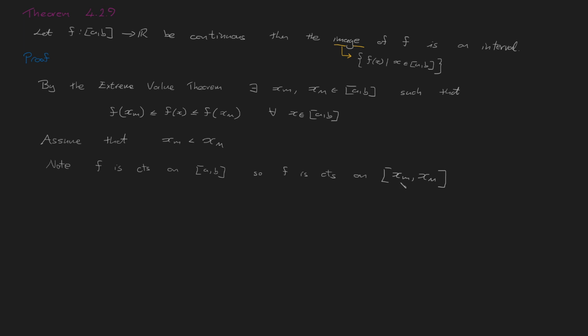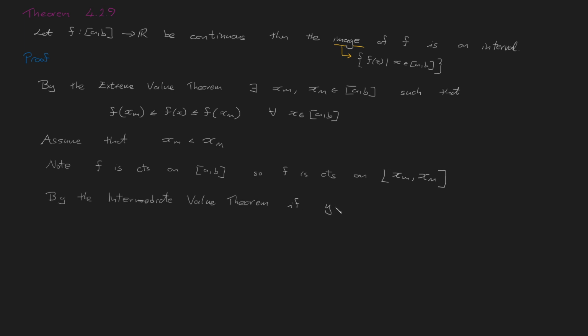And the intermediate value theorem will tell us that for any point lying between the extreme values, f of x little m and f of x large M, we can find some point in the domain achieving that value. That will flesh out the full domain between those two extremes.